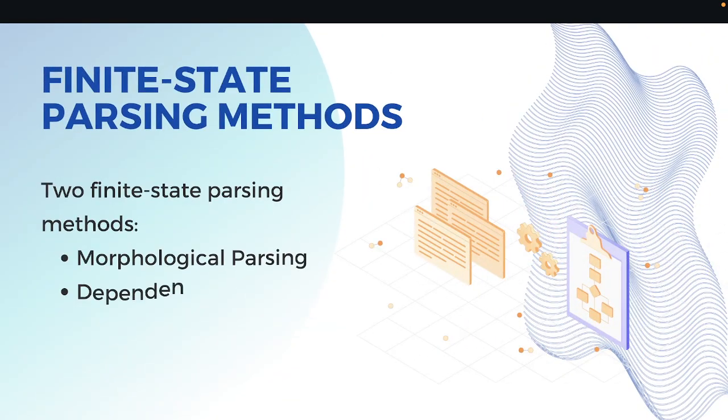Next we will see about finite state parsing methods. Finite state parsing has two methods. The first is morphological parsing and the second is dependency parsing. In detail, we will see about morphological parsing.